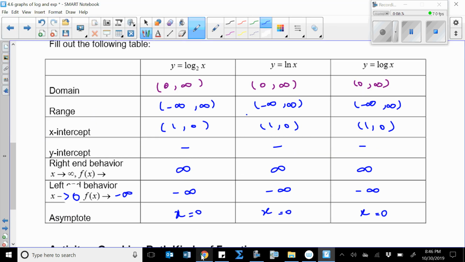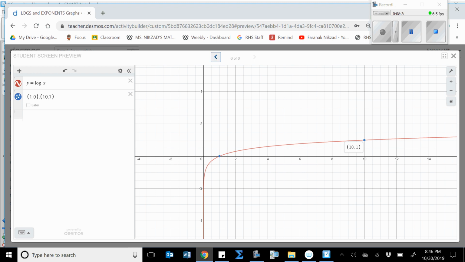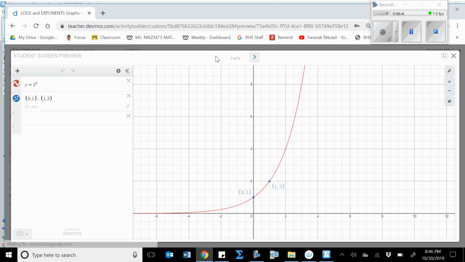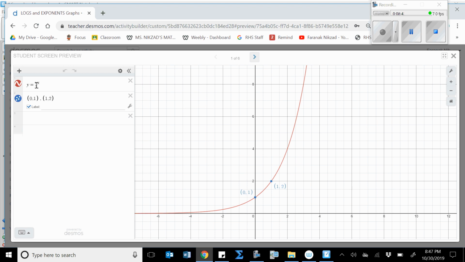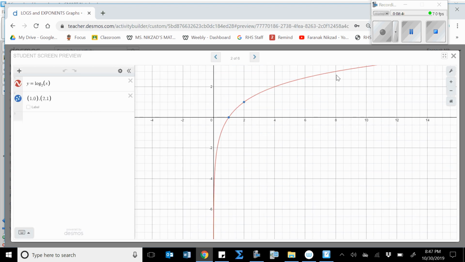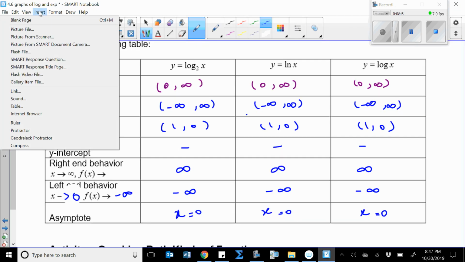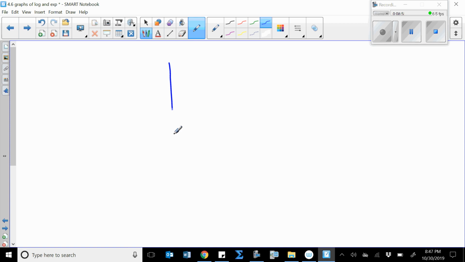So let's just compare the two functions, 2 to the power of x and natural log of x. So 2 to the power of x has this shape, and natural log is kind of this shape. Let me just draw them on the same coordinate plane.